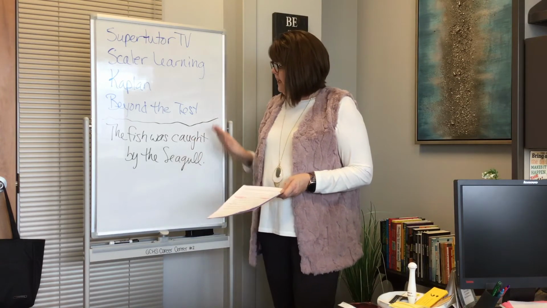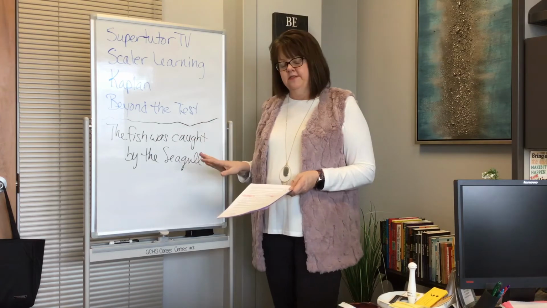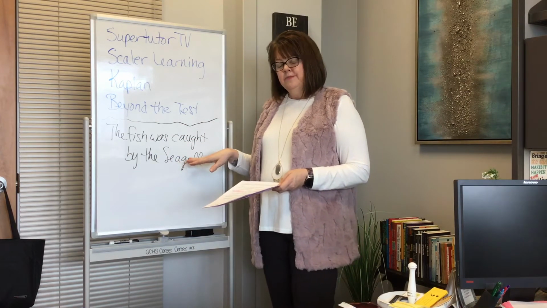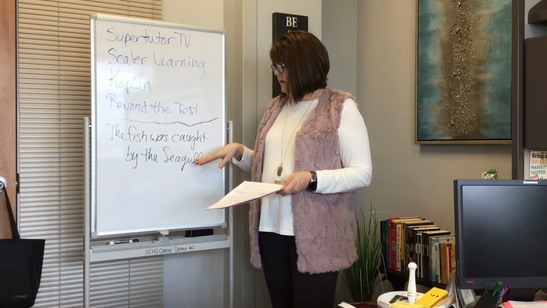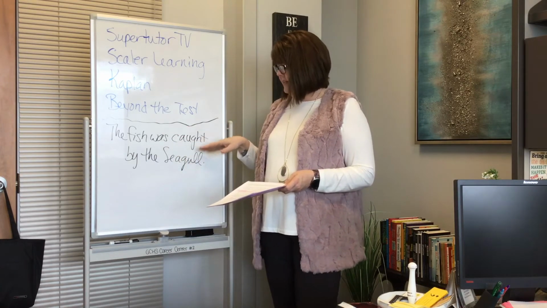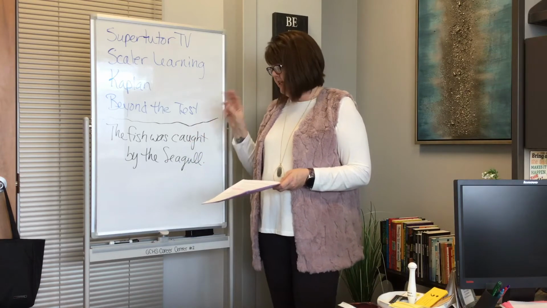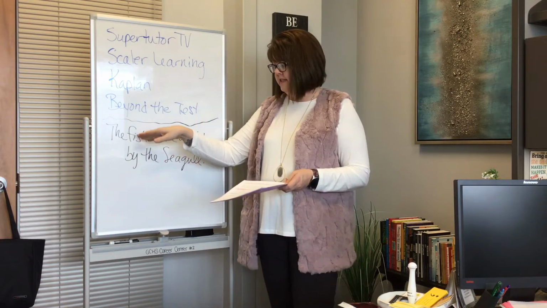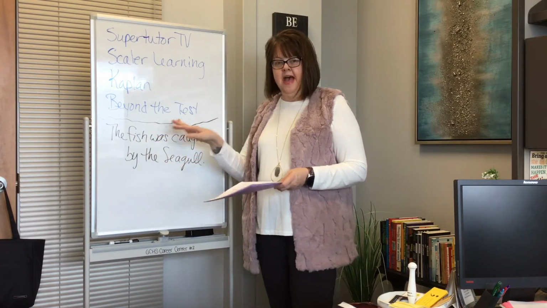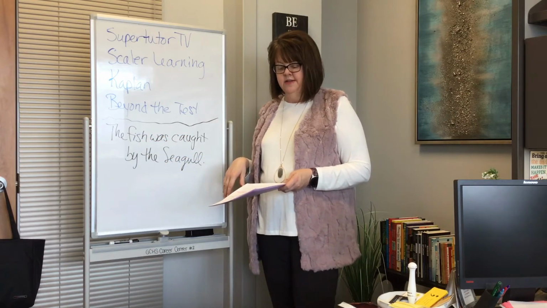The way to rearrange this into an active sentence would be to use the subject: the seagull caught the fish. So that's making it active. The seagull is doing the action, catching the fish. This is the object. So this is the wrong, or passive, way to write that.